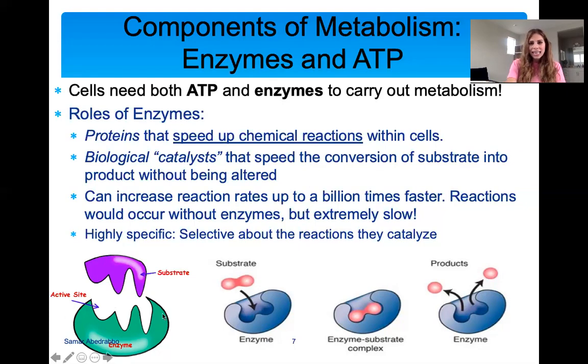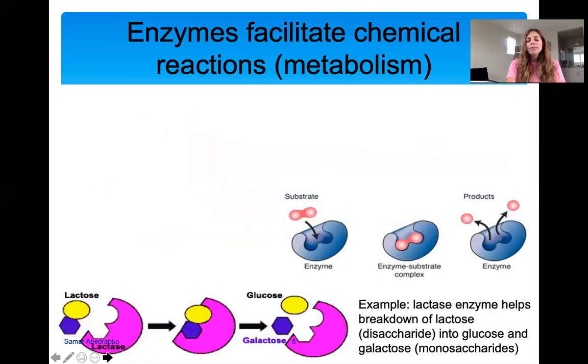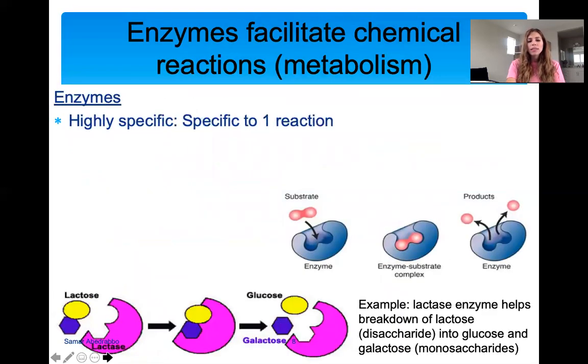So the lactase enzyme, and I know it's an enzyme because it ends in ASE, reacts on the substrate lactose. So lipase reacts on the substrate lipid. So that's what I mean by they're very specific. They will only react with their specific substrate to create the products. And enzymes are important in metabolism because without them, chemical reactions would take forever to happen. So again, they're proteins that speed up chemical reactions.